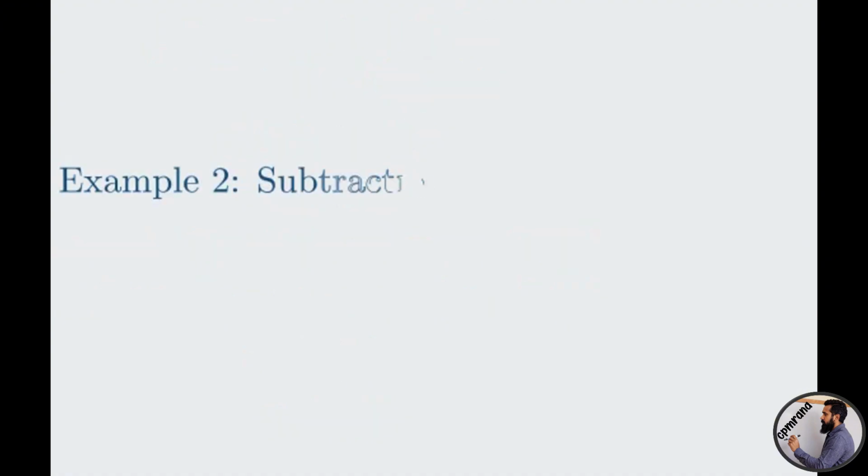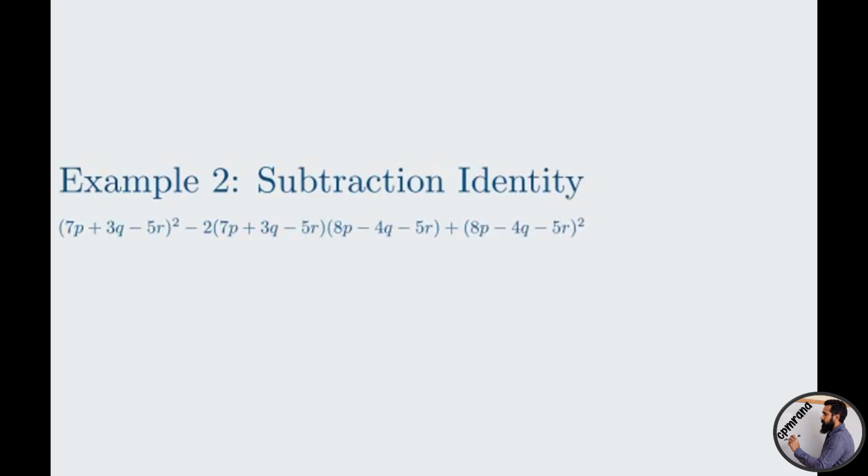In this second example, we'll see how the subtraction identity works. The expression we want to simplify is (7p plus 3q minus 5r) squared minus 2 times the first part, times (8p minus 4q minus 5r), plus (8p minus 4q minus 5r) squared. Just like before, notice that the expression is composed of two main parts repeated in a specific pattern.